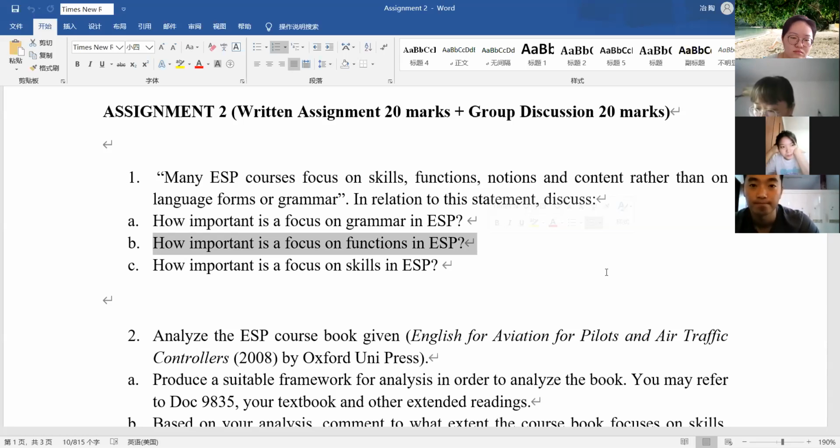It states that since language learning is not only acquiring grammatical structure but also its function, in an ESP course there's no doubt we should focus on function. That's my statement. How about Shuanglin?